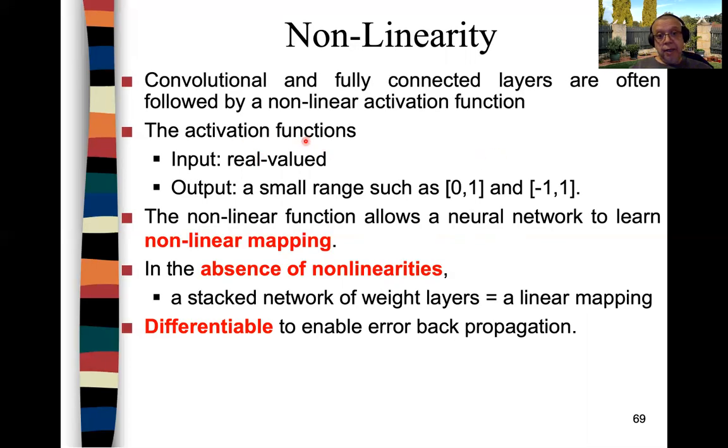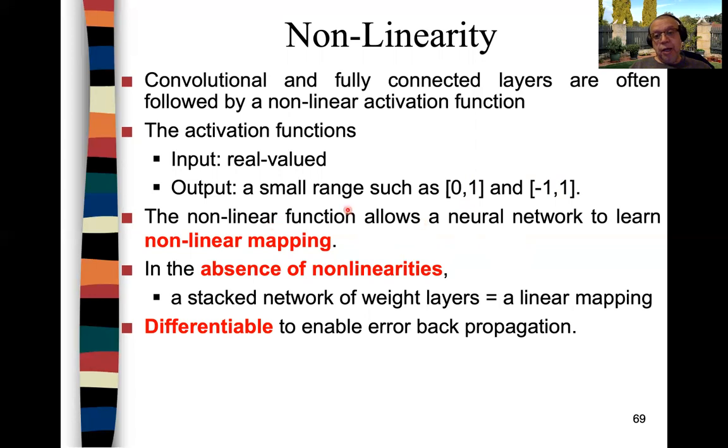The activation function that we use has a real-valued input, and the output lies in a small range. For example, 0 to 1 for a unipolar activation function, or between -1 and 1 for a bipolar activation function.